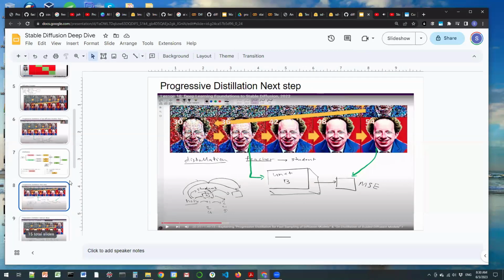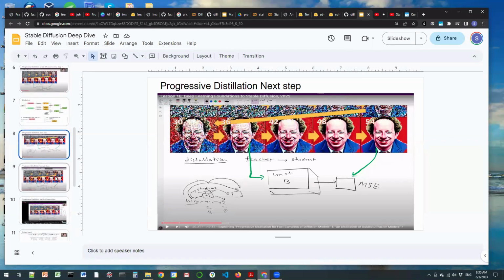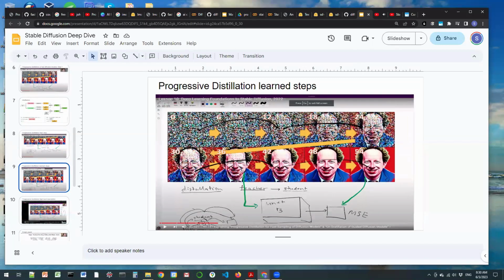The next slide just says, not only is the student trained to predict the initial steps, so going from say 0 to, in this case, he jumps to say step 12 and then another step 12, 24, but it's also used to predict the later steps, not just the initial steps.